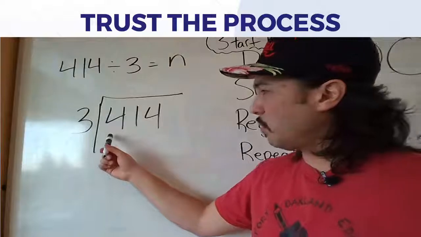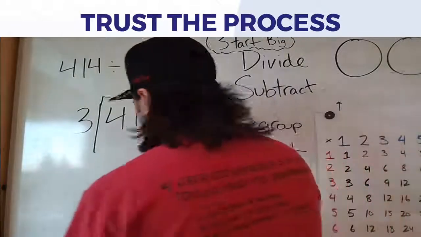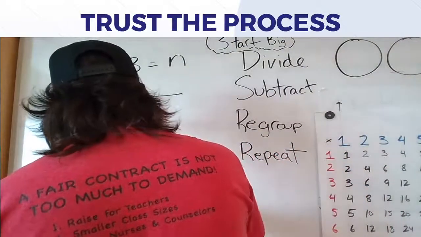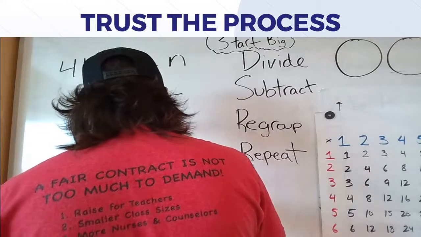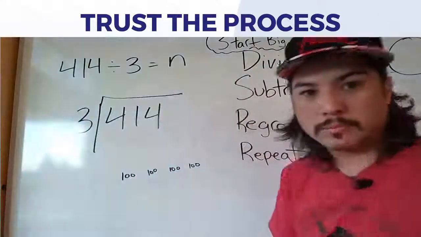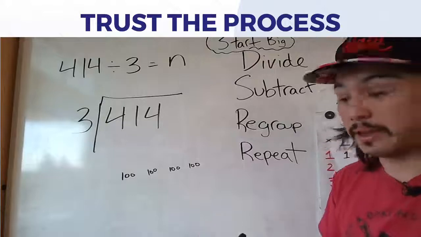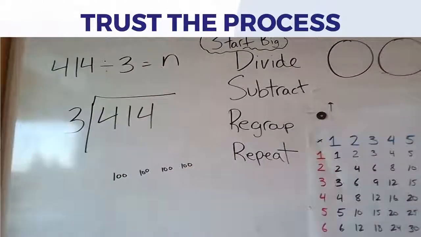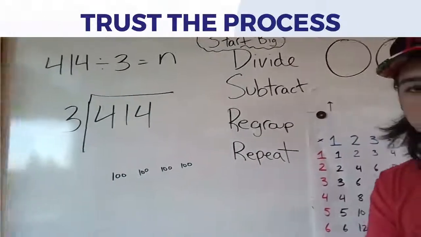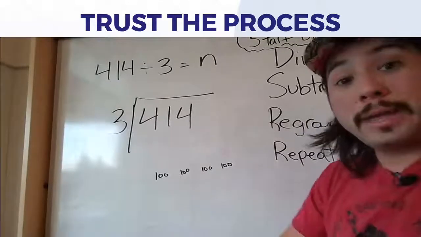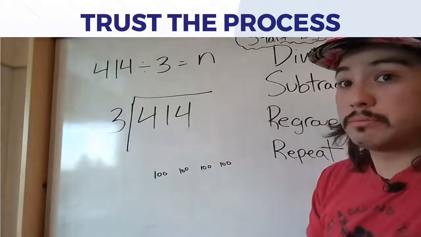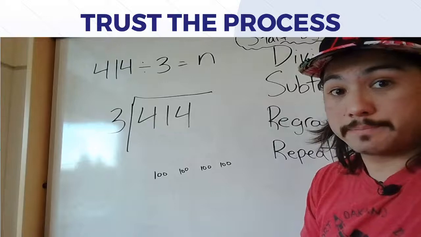And essentially what we're doing here is we're saying I have 4 groups of 100. I have 4 $100 bills, we can say. And I have my 3 groups that I want to put them in. How many can go in each group evenly, right?